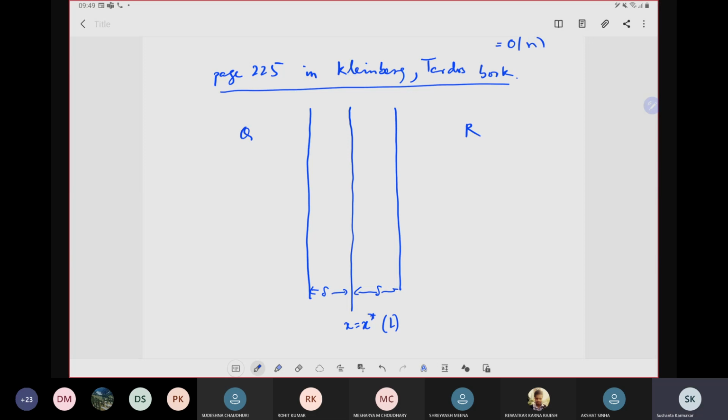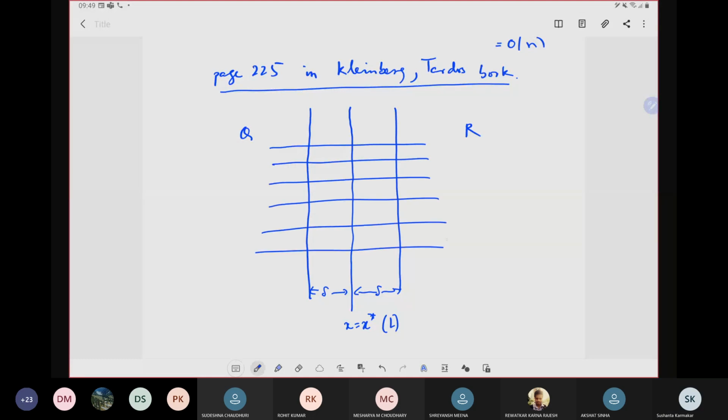So what I do is I just partition them equally. Maybe this drawing is not proper, but you should understand. This is my partitioning scheme, such that it is partitioned into small squares like this. This is delta by 2, and this is again delta by 2.